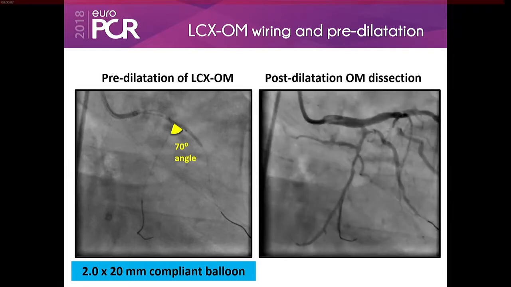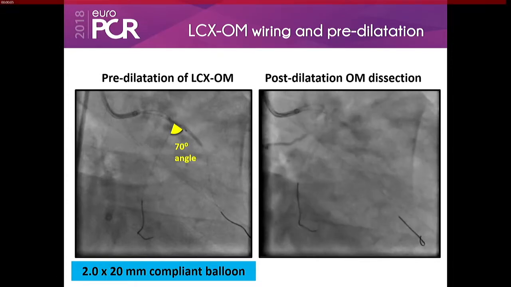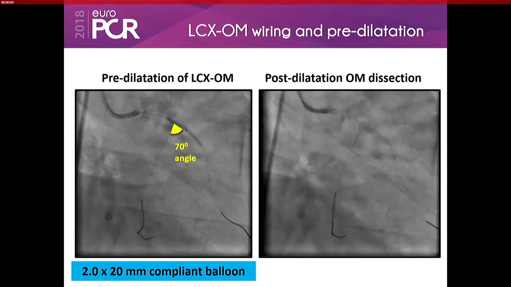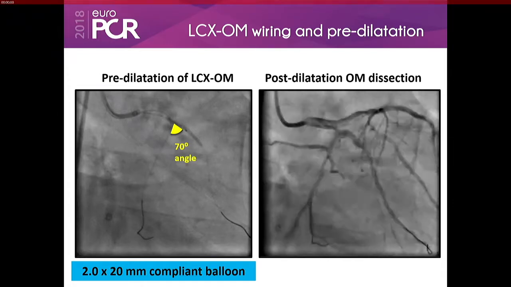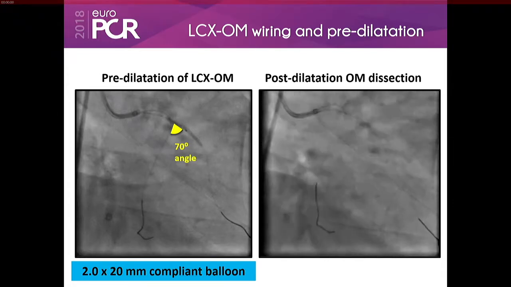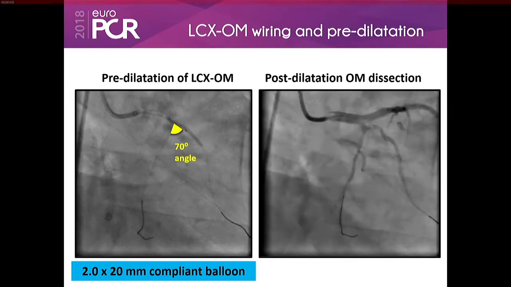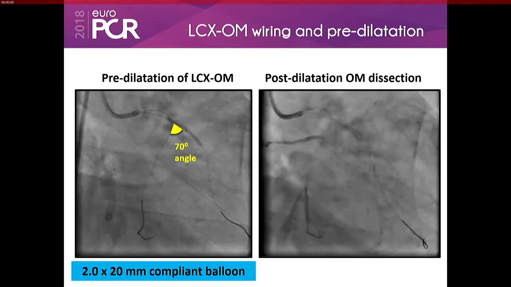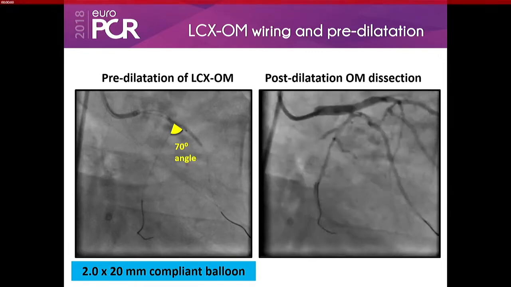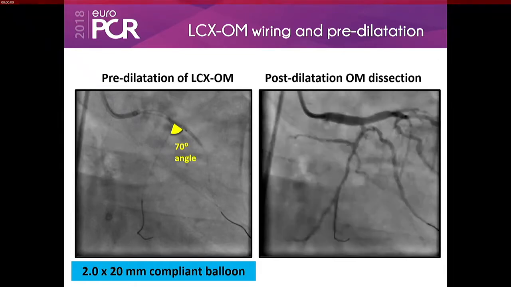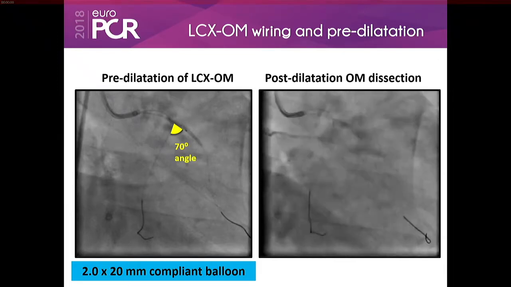Because then you would have to recross that stent into that marginal, which is already dissected and has an acute angle. So that would not be the right thing to do. The right thing to do, if you're going to do the culotte, is to stent across the circumflex. So take a stent from the ostium of the circumflex down the OM. This way, you've saved your OM and you don't have to recross it with a dissection.